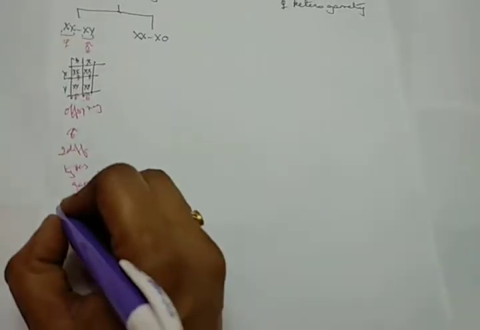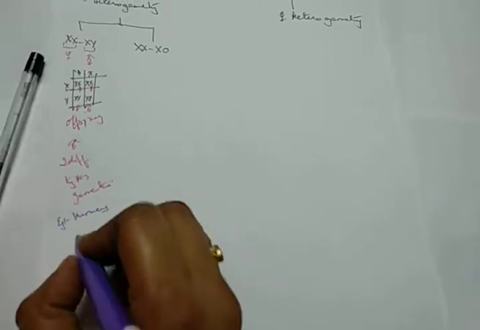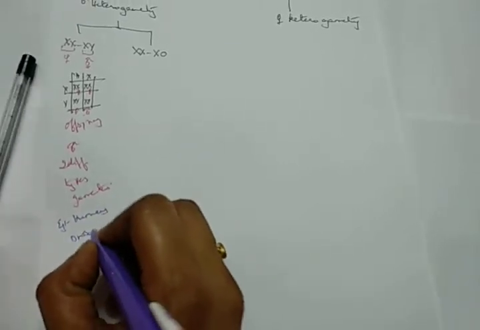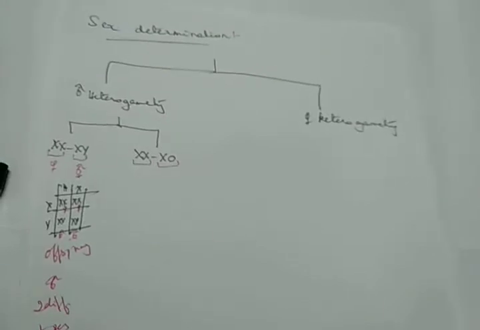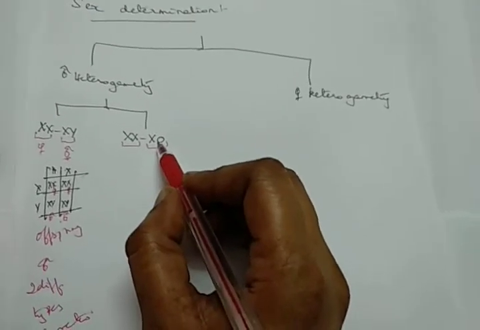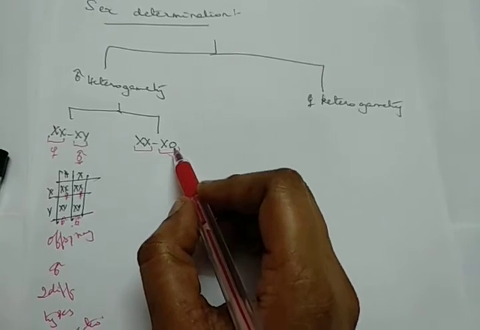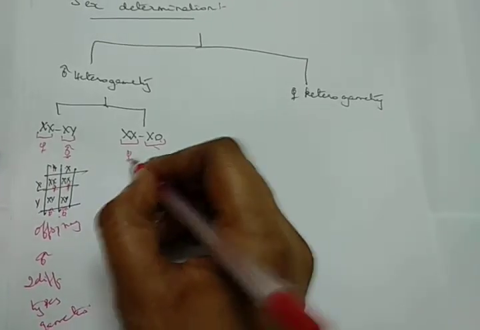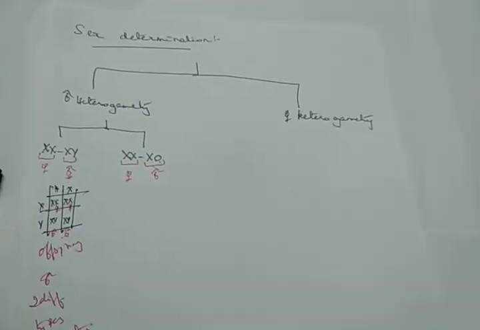You can take the examples here of humans, and also the example of Drosophila. In this also, when you come towards X and X0 type, it is not O, it is 0 type. It does not have any other type of chromosome. So this is going to represent a female and this is going to represent a male.